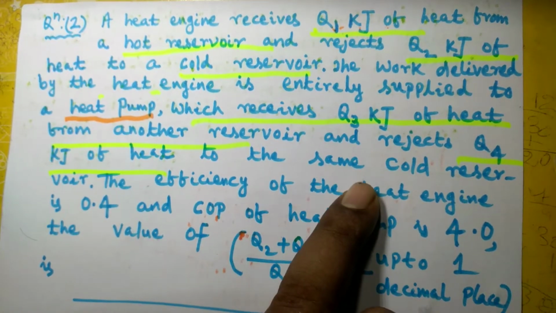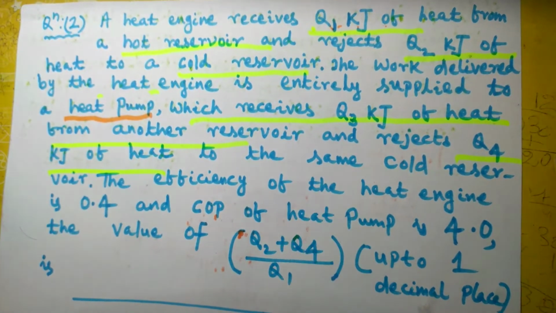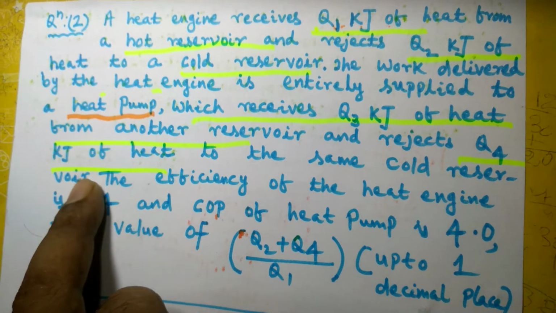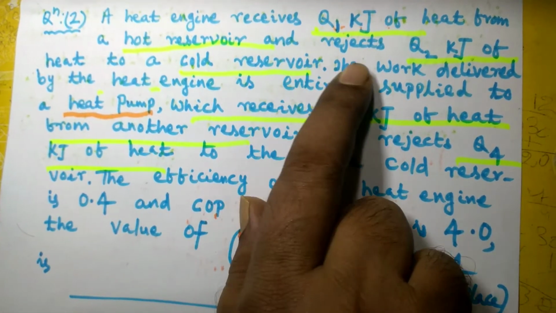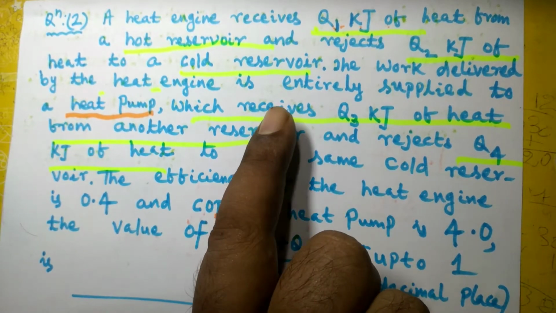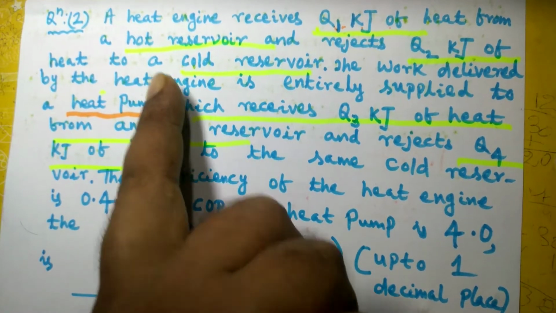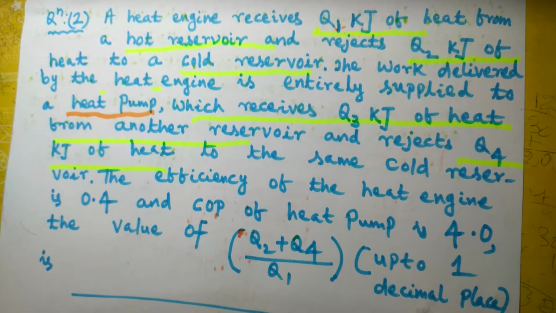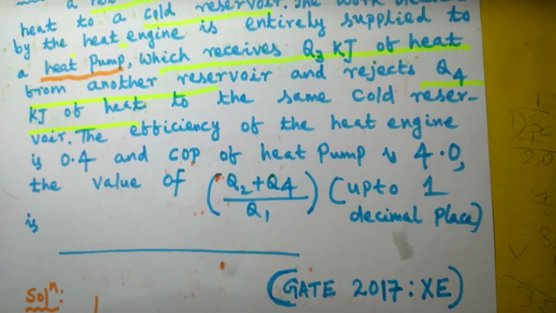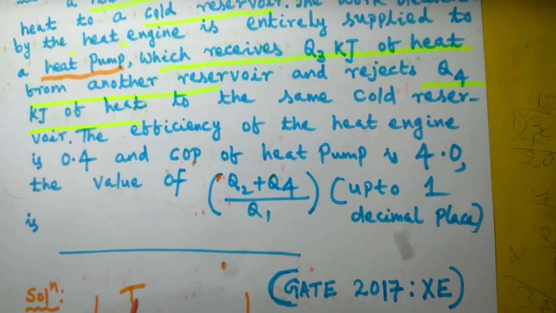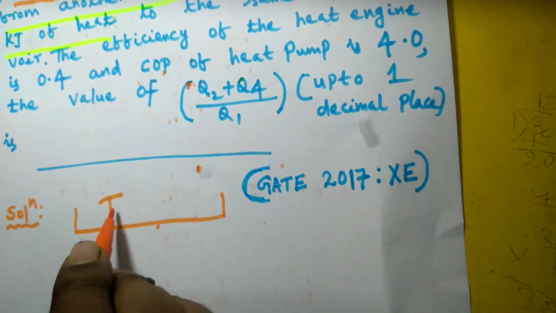Q4 kilojoule is rejected to the same cold reservoir, that is your TL, the same TL that is applicable for the heat engine. Suppose the figure is like this. Suppose this is the high temperature reservoir for the heat engine.